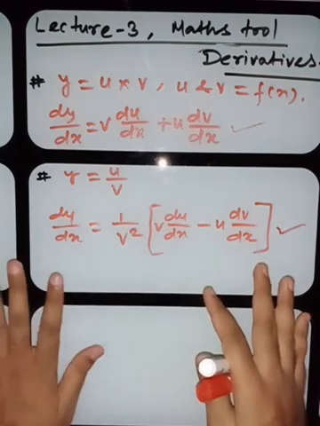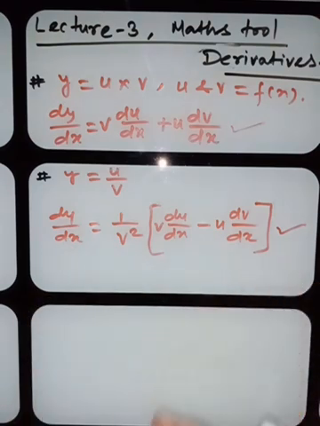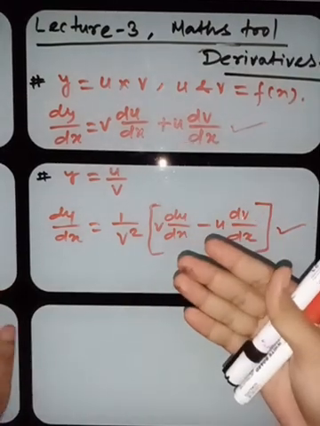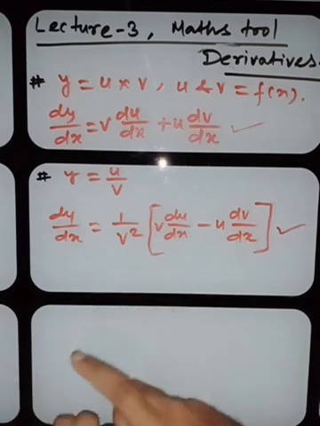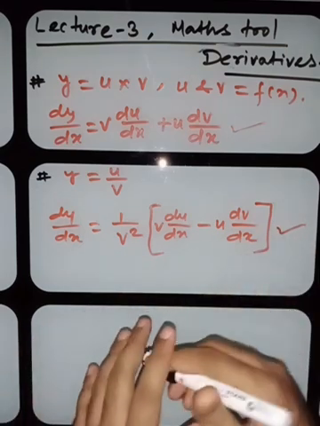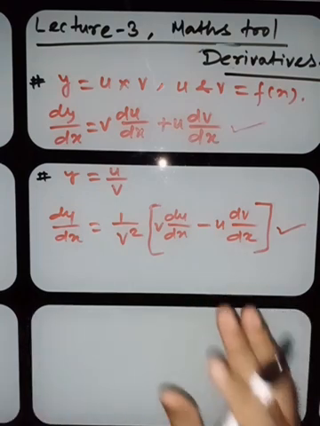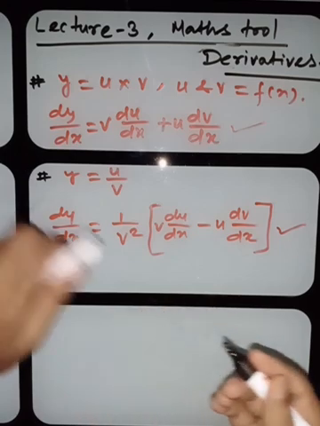In physics you have to use this much. A little more that you need to know, we will practice and try to understand later on. I think 7 to 8 formulas we have discussed. Now today's class will be totally focused on practice.